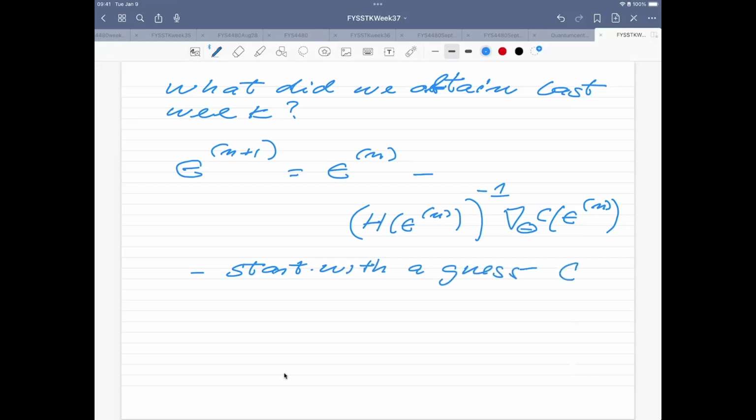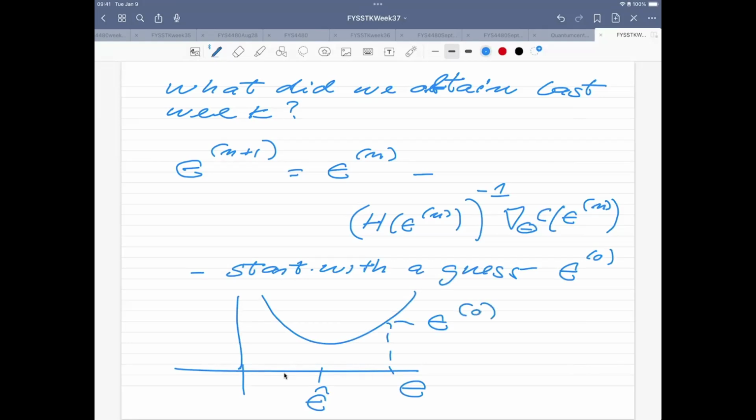So we will start with a guess, theta 0, which means that if we now take a very simple function in one dimension, so we have a theta optimal here, and our function is just a convex function, and then we have some theta 0.